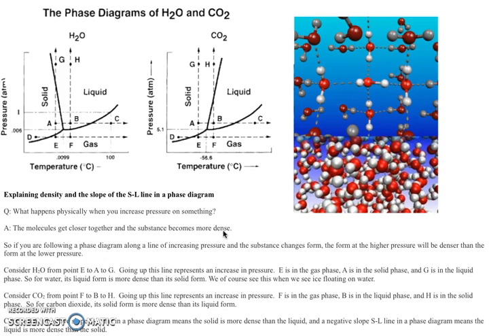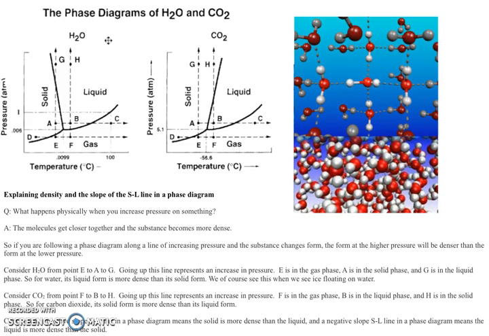So remember, as we talk through this, that the increase in pressure means the substance is going to become more dense. If we're following a phase diagram along a line of increasing pressure and the substance changes form, the form at the higher pressure will be denser than the form at lower pressure.